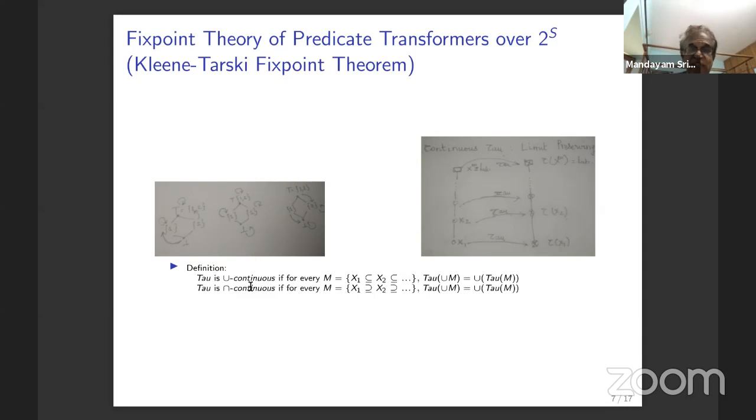It is continuous for ascending chains if for every ascending chain x1 less than or equal to x2, and so on, tau of the limit of that chain M is equal to the limit of the chain you get by applying tau to every element in the ascending chain.